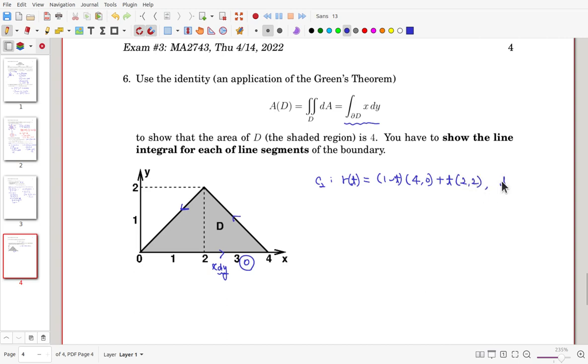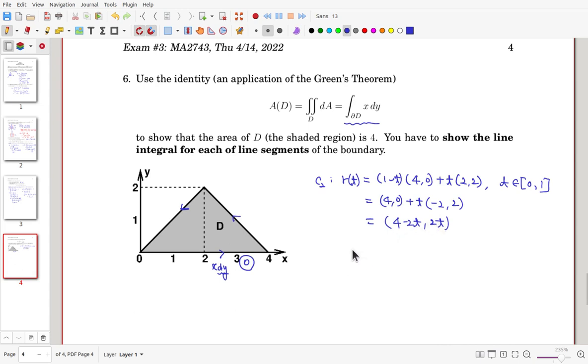Of course, t is moving from 0 to 1. We subtract the beginning point from the endpoint, and we have minus 2 and 2, so that r of t is 4 minus 2t and 2t.